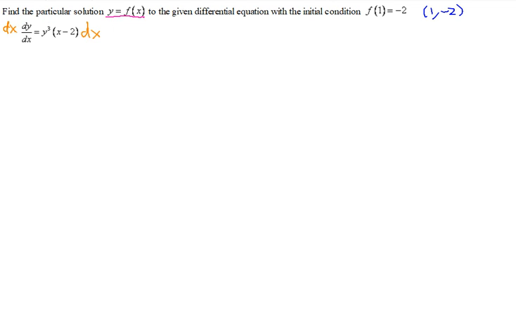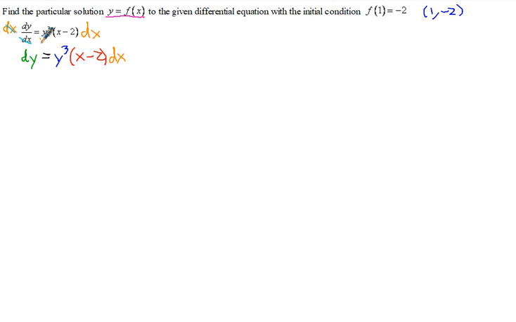So the dx is reduced out here, and you're just left with dy equals, on this side, y cubed times x minus 2 times dx. Sometimes that's enough to separate the variables, but in this case it's not, because the x is with the dx, that's fine, but the y cubed needs to be with the dy.